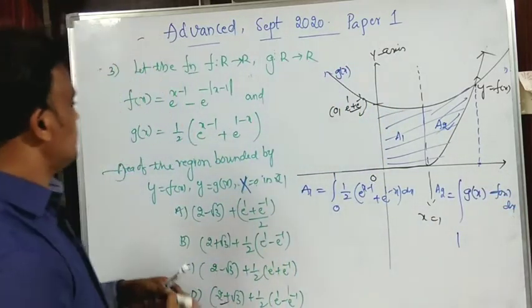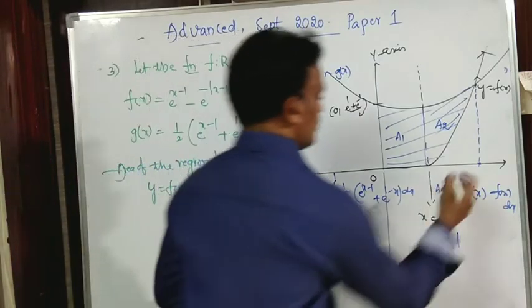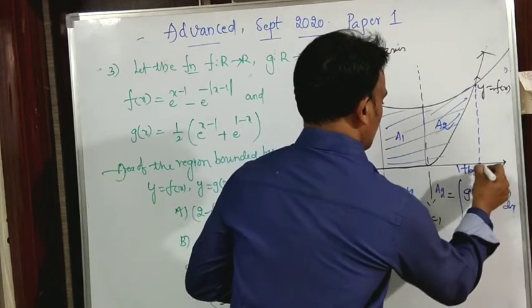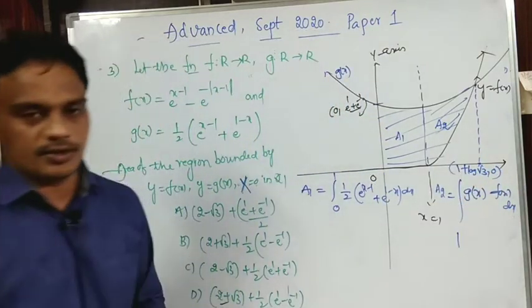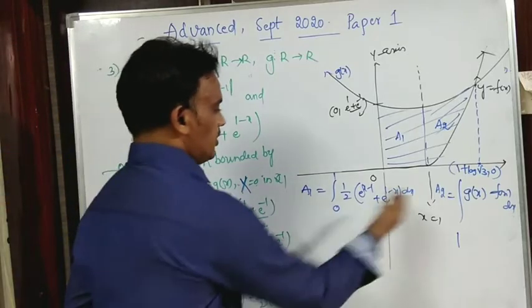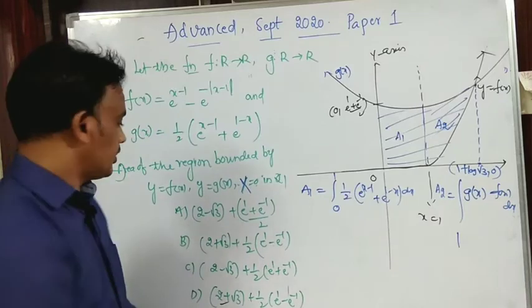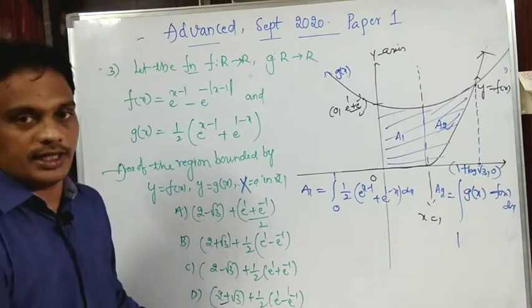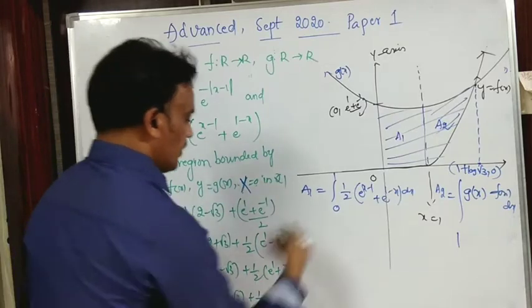By simplifying this, we get 1 plus log root 3 comma 0. So those are the boundaries. By adding a1 and a2, we get the area under this curve that they asked about. Let us see this.